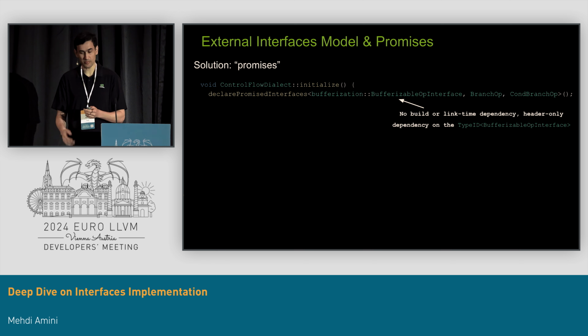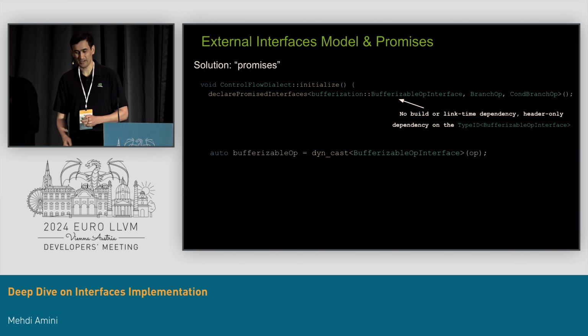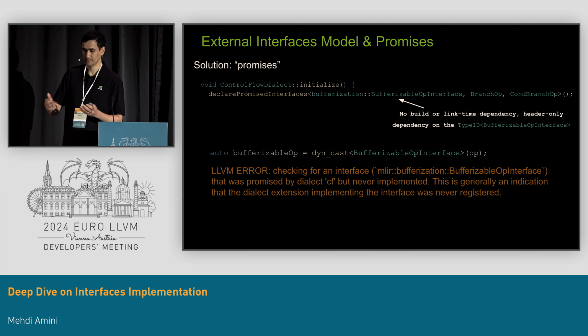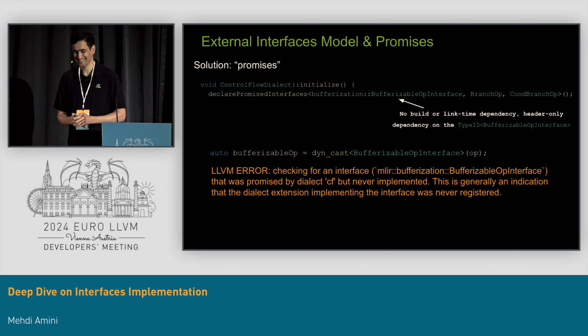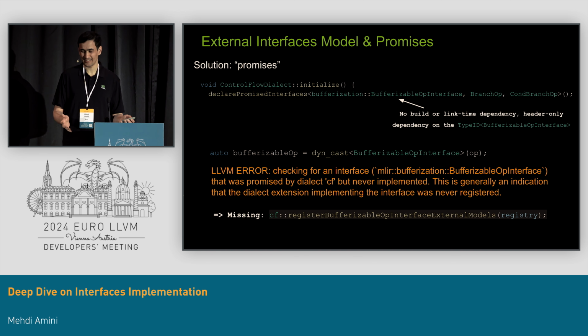We poison the map, and so when someone tries to cast an operation from the SCF dialect to this BufferizableOpInterface, if the interface hasn't been separately loaded in the meantime, we hit this poison value and we get this nice, or not nice, crash at runtime, which tells you there was a promise that this interface would be there for this operation, but I don't find it.